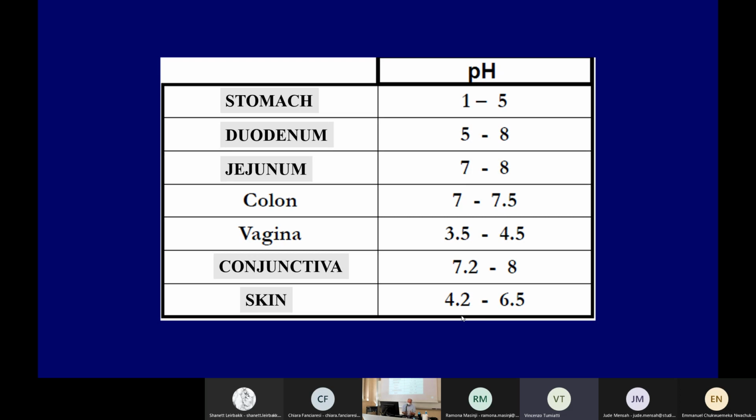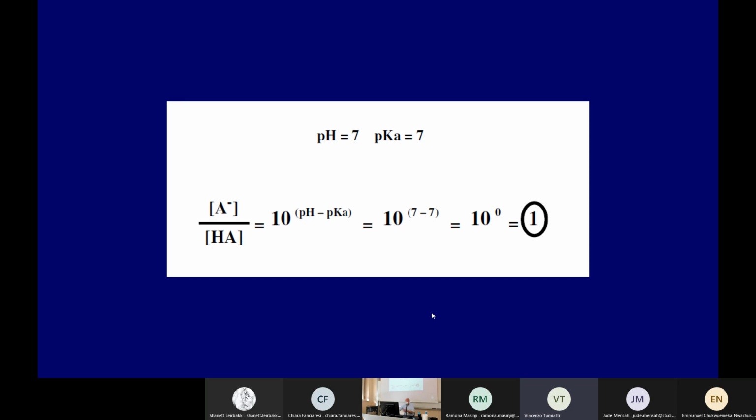So we can start from this data and we can calculate the fraction of drug absorbed starting from the pH value and from the pKa of the drug. Okay, if the pH is 7 and the pKa is 7, your ratio is 1. Same concentration in the two forms.